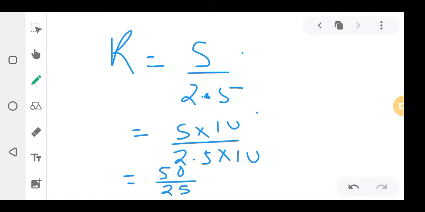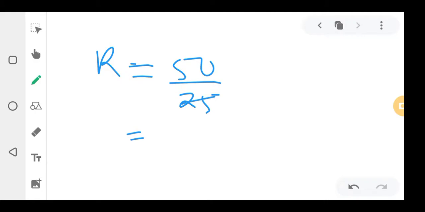So resistance is equal to 50 divided by 25. 25 into 50 is 2. So it will be 2 ohms. That's how you do it.